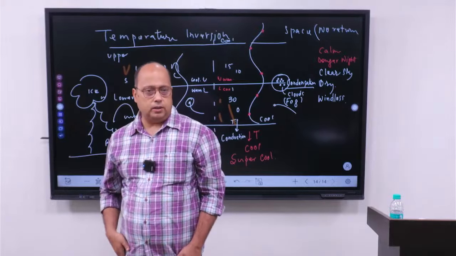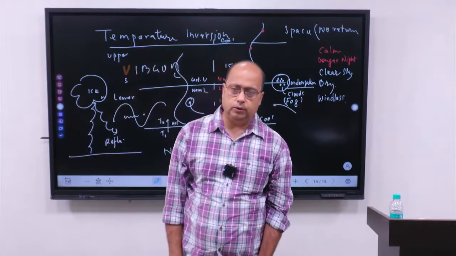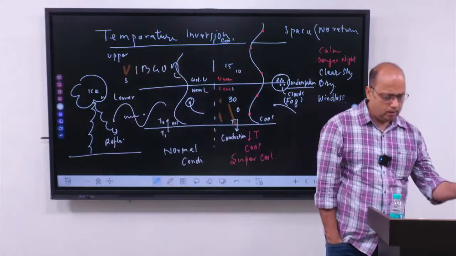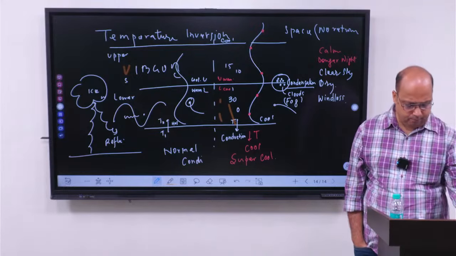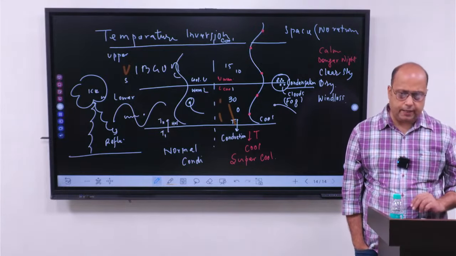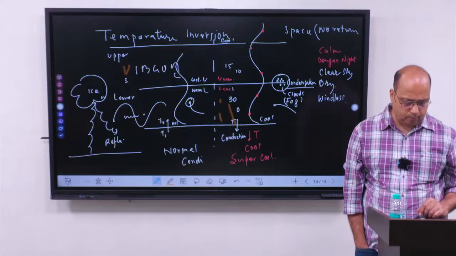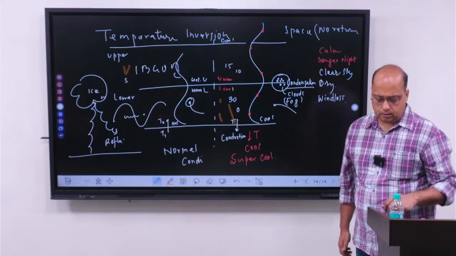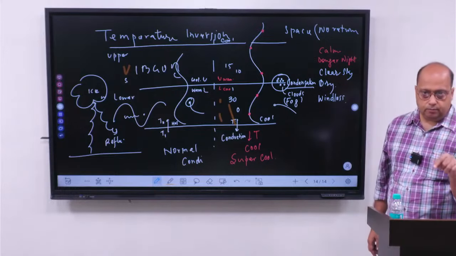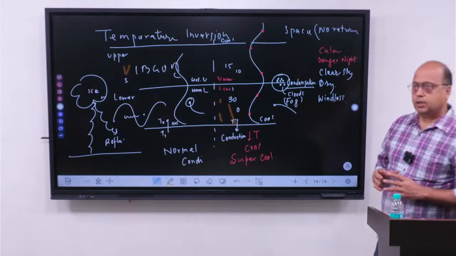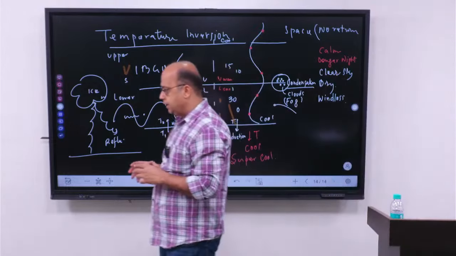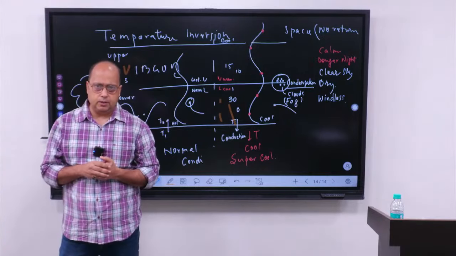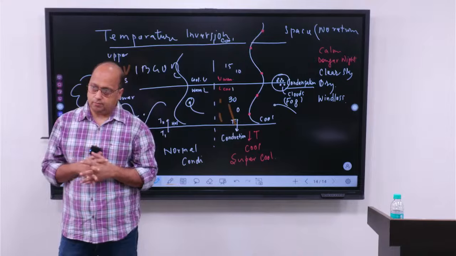To develop understanding, write one more question. Write: arrange the following landscapes with respect to the intensity of temperature inversion, highest to lowest.